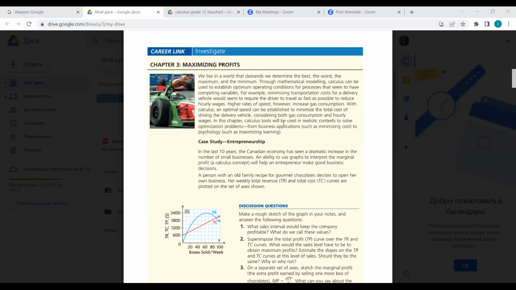So higher rates of speed, however, increase gas consumption. Consider both gas consumption and hourly wages. In this chapter, calculus tools will be used in realistic context to solve optimizing problems from business applications, such as minimizing cost, to psychology, such as maximizing learning.